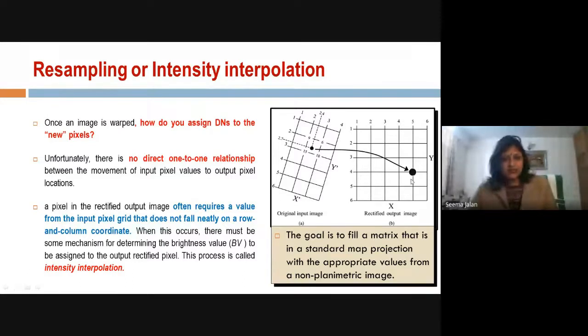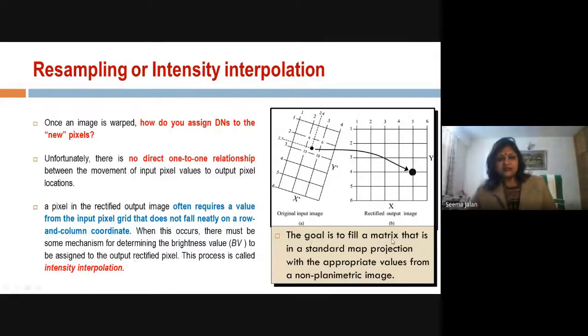But when you calculate this input location, it is not the same as the original input pixel. So you have to calculate the value at this new computed location, and this process of calculating the value at the computed input location and shifting it to the corresponding output location is known as intensity interpolation.